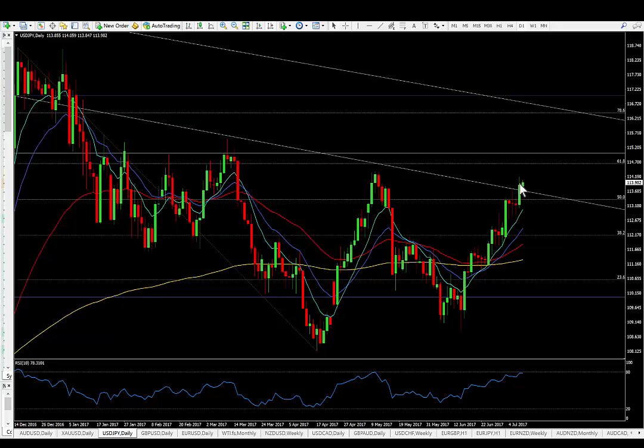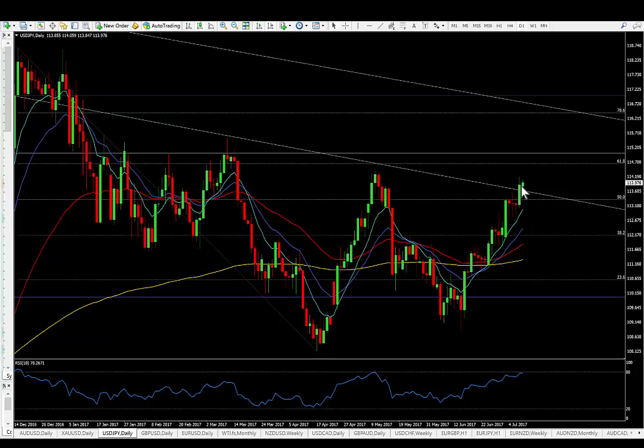And double bottoms tend to result in a reaction in the opposite direction, which is far greater in its momentum, if you like. So everything is playing out just as we would expect, judging by the technical analysis of this particular currency pair.